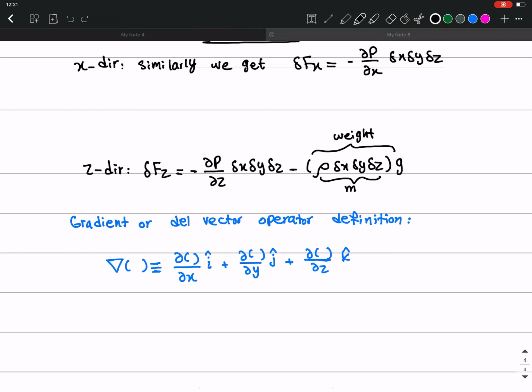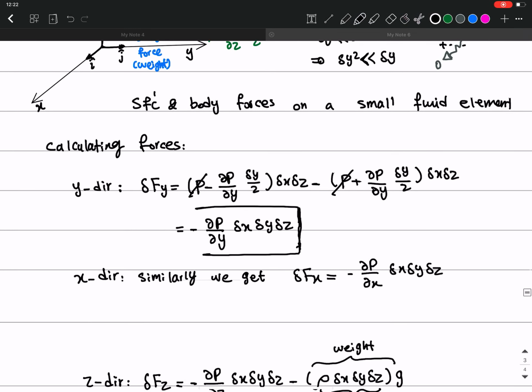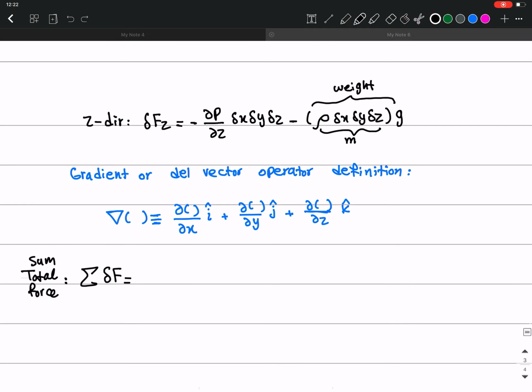So now let's see that the total force on the fluid element is going to be the sum of all forces in different directions. So it's going to be what? First, I'm going to write the x one, which is going to be minus delta px.